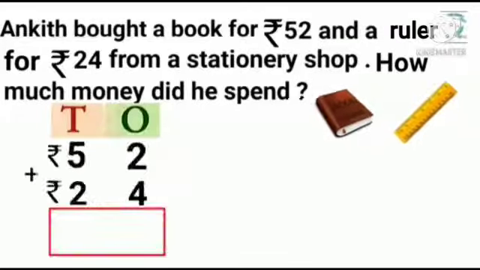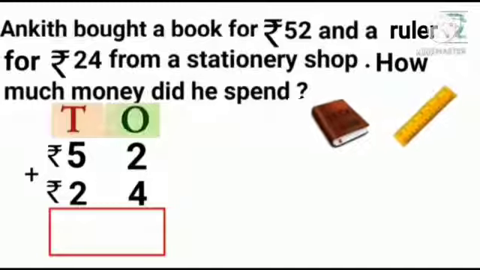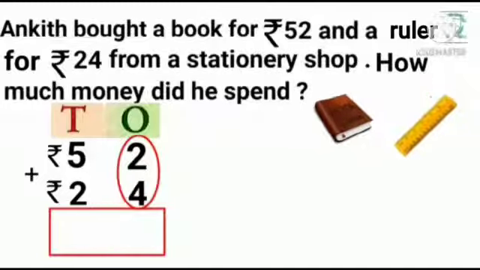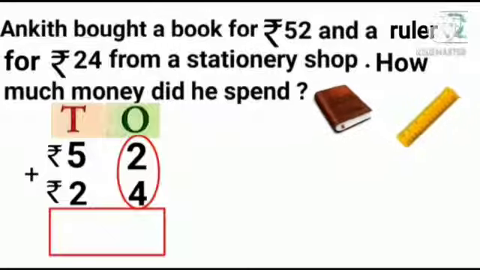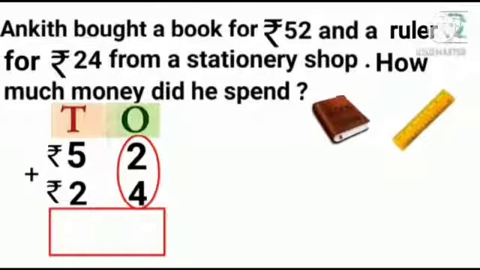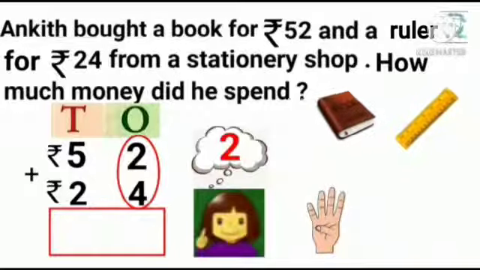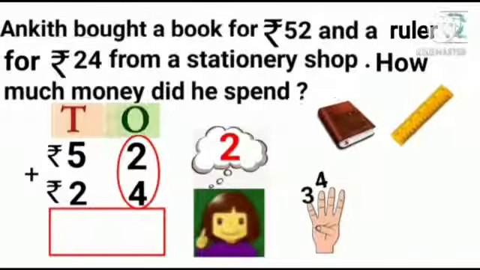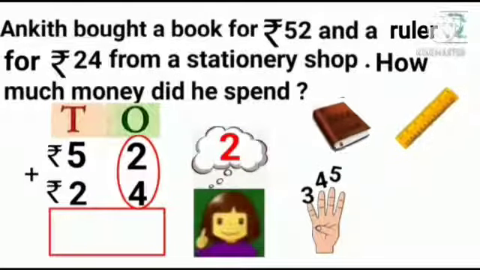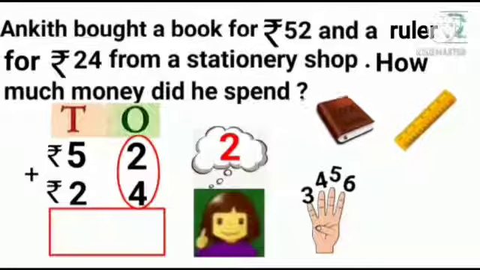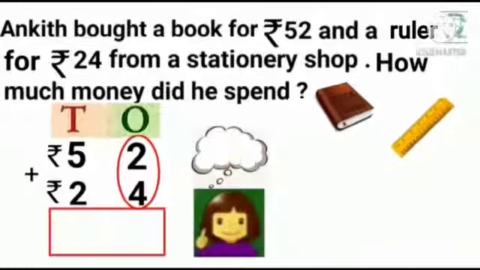Therefore, we add rupees 52 and rupees 24. We first add the digits in the ones place. We add as 2 in the mind and 4 fingers up. After 2 comes 3, 4, 5 and 6. We write 6 in the ones place.